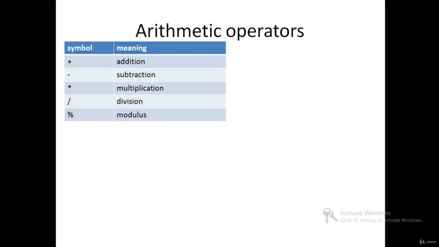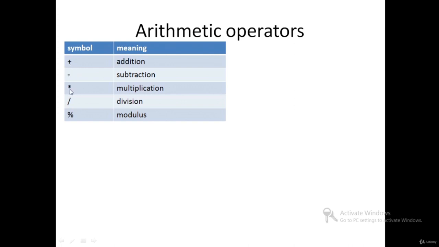Now let's learn something about arithmetic operators. Arithmetic operators are binary operators which are used to perform arithmetic operations. So this symbol over here is the symbol of addition. This is the symbol of subtraction.